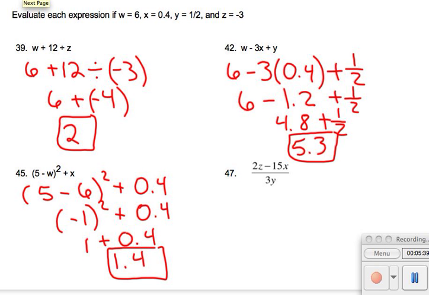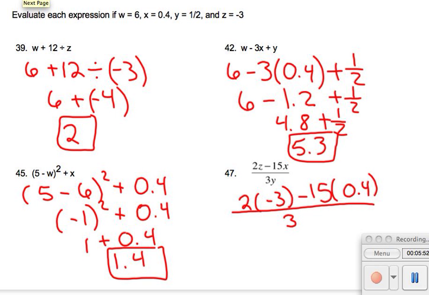And the last one throws in multiplication, subtraction, division, and then we have 2 times a -3 minus 15 times the 0.4, all over 3 times 1/2. It's always best to substitute in and show what you're doing.